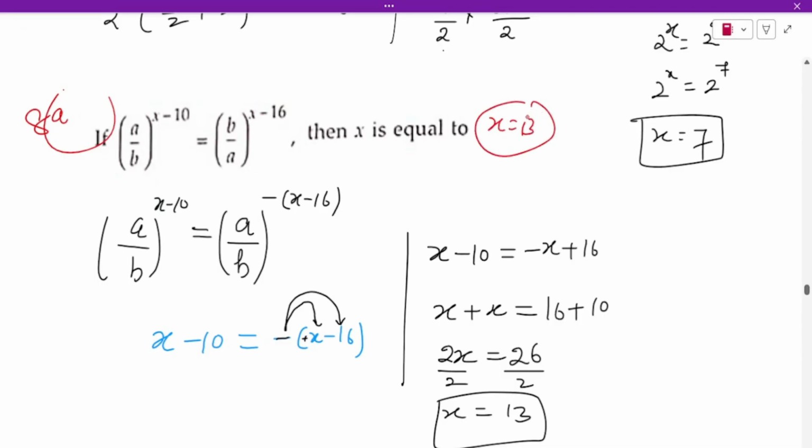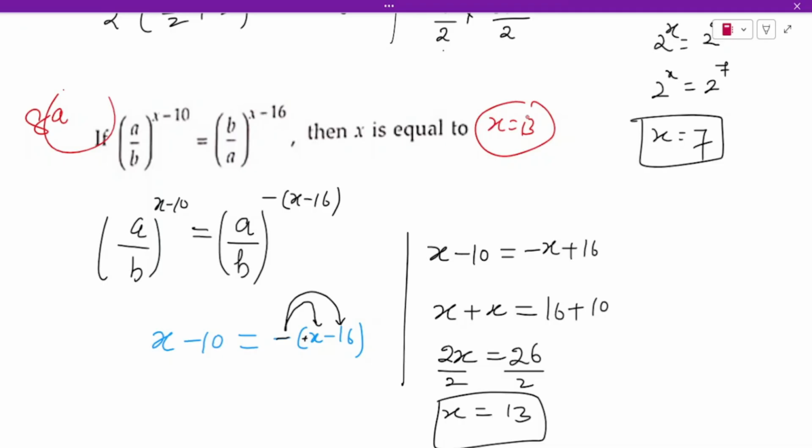Okay, so these are the questions that we have discussed based on the equality of exponents. In this exponents and power series, this was the third lecture. Two more lectures I'll make in this series.